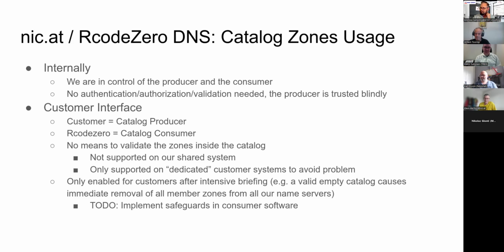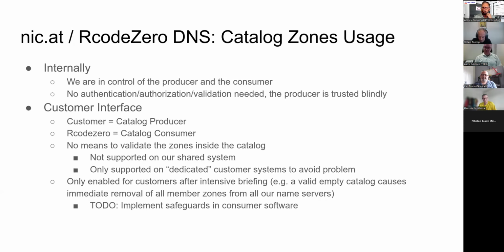I wonder how many email addresses in the SOA record actually work. I mean, if the catalog producer doesn't want those error messages, then he can just put a dot in there or whatever. But if he does want the errors, he'll make sure that the email address works. Yeah, would be an option, yes.